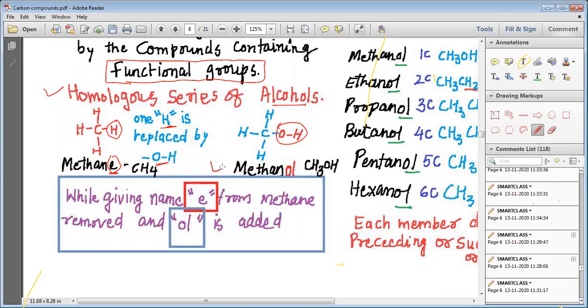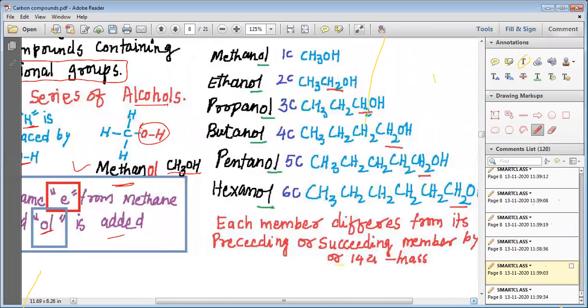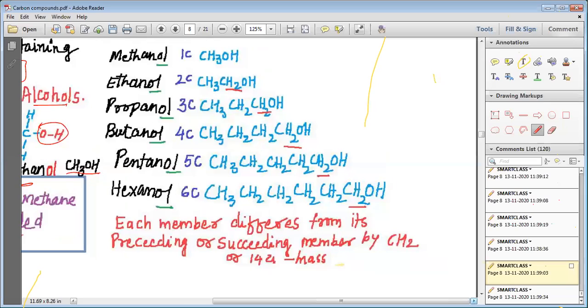So finally we get methanol. This methanol has CH3OH. While giving the name, the E from methane is removed and OL is added, and that is why we get methanol. The same we can do for all the other compounds in the homologous series of alcohol.